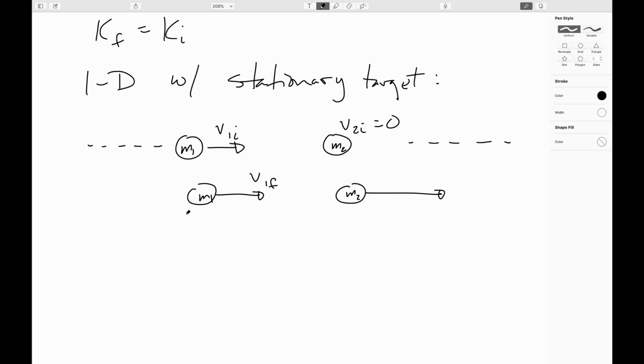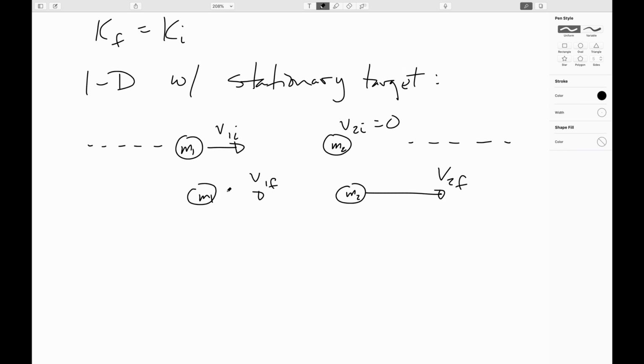But we know that if this is a big heavy thing and it hits a little thing, the little thing's going to go flying and the big thing's going to keep on trucking. So there are at least situations where it will be like this. I should have probably drawn this one here a little shorter.